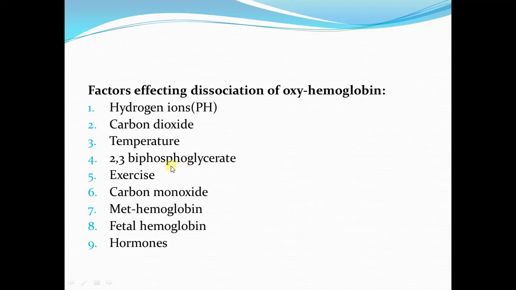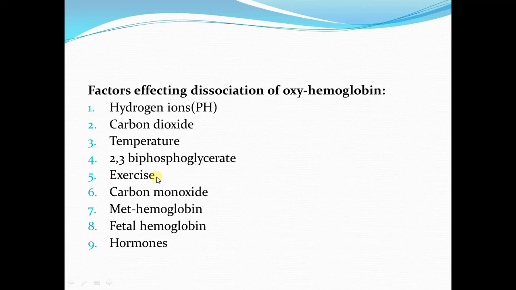Now the next factor that we are going to discuss is exercise. Now in exercise, there is more dissociation of oxygen from the hemoglobin and the curve is shifted to the right side. There are different factors which cause the shift of the curve to the right side, and those factors we have just discussed.